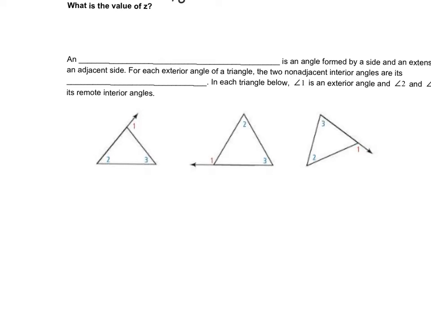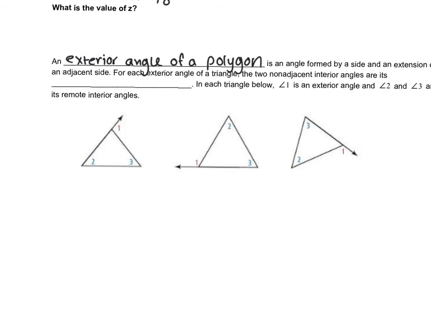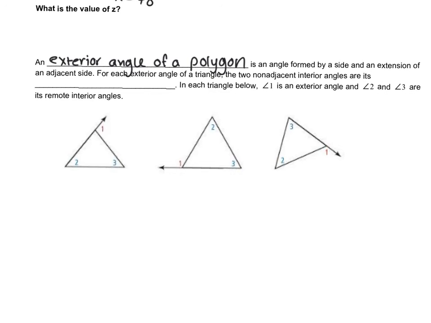An exterior angle of a polygon is an angle formed by a side and an extension of an adjacent side. For each exterior angle of a triangle, the two non-adjacent interior angles are its remote interior angles.